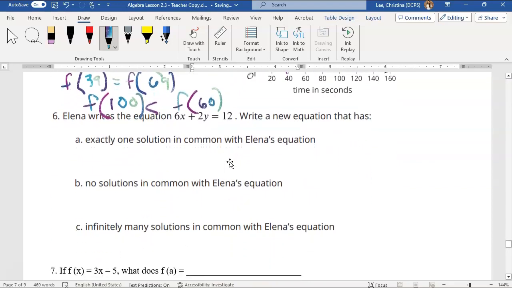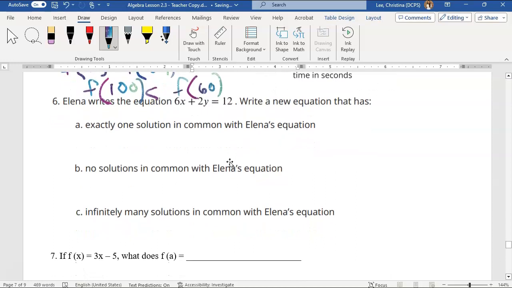Elena writes the equation 6x plus 2y equals 12. Write a new equation that has exactly one solution in common with Elena's equation. So this is practicing this again. Exactly one solution means that it has a different slope and a different y-intercept. So really we could say this is written as 6x plus 2y equals 12.